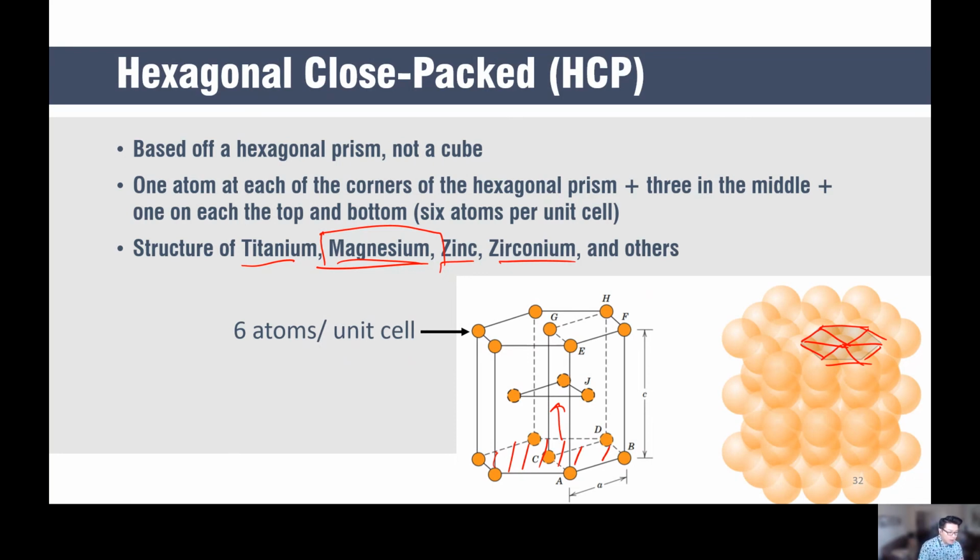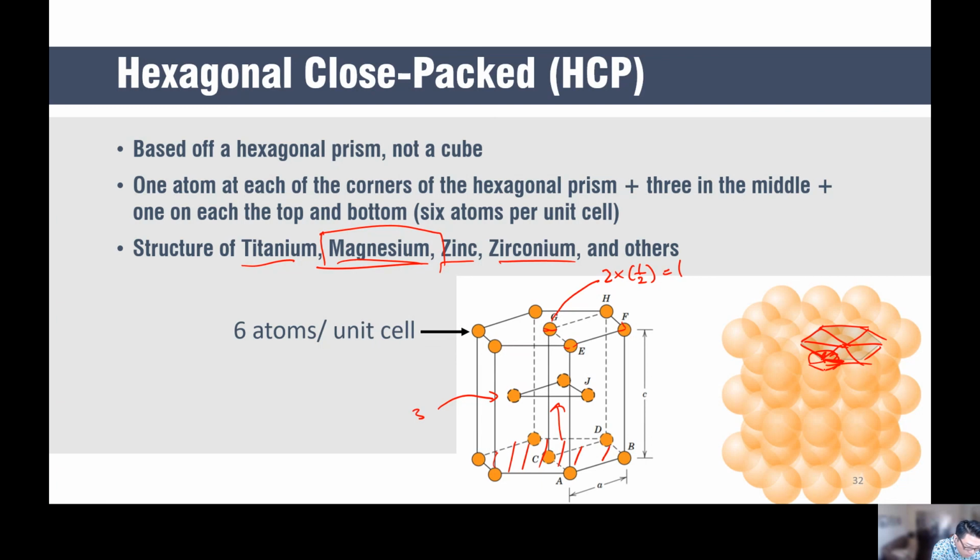Okay. And so HCP consists of 6 atoms inside the unit cell. So here we have 2 center atoms, and then you can think about how many there are. This one is a half atom, so this is 2 times 1/2, so that makes 1 atom. And then the rest of it will make 2 atoms. Here we want to show you how it may look. So imagine here we have 1 atom, here we have another atom.